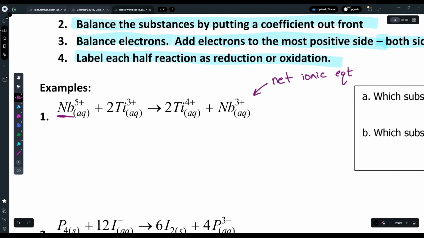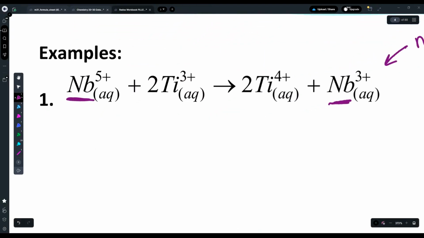I'm looking here, and I've got a niobium 5+ ion. Now that I've located that on the reactant side, I'm going to look at the product side and ask, what looks similar to that? Well, that's the niobium 3+ ion. So I'm going to use those two ions to create my first half reaction.